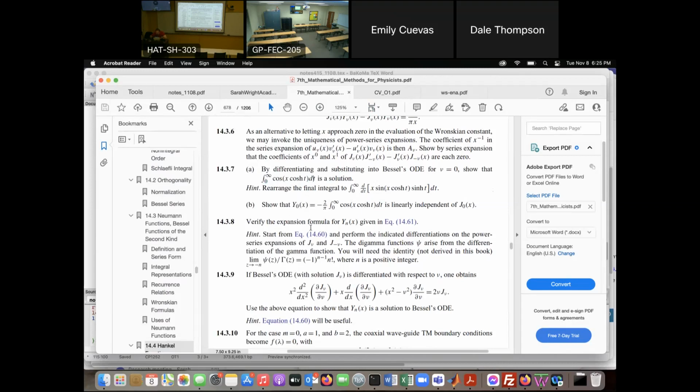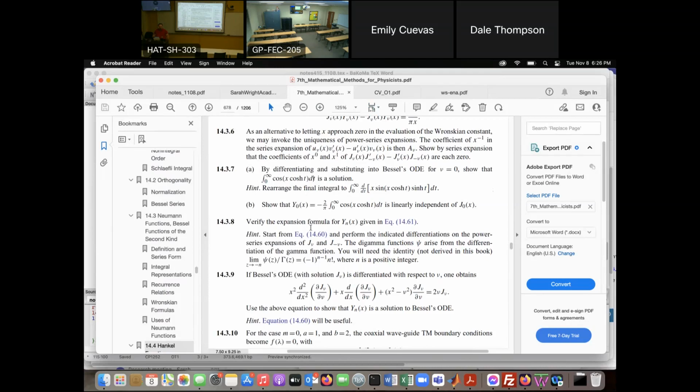I'm trying to think of something in particular about solutions of an ODE. Because we're talking about an ODE, to show they're linearly independent, you want the Wronskian to be non-zero. That might help too. Can I just prove that the Wronskian is non-zero?